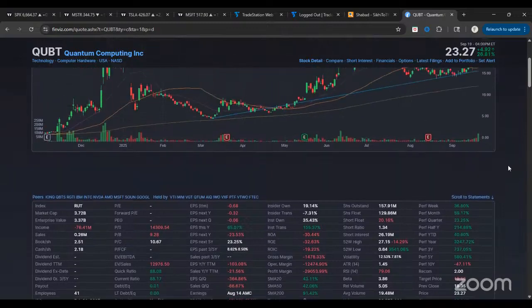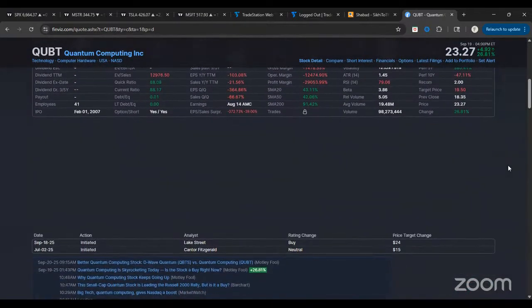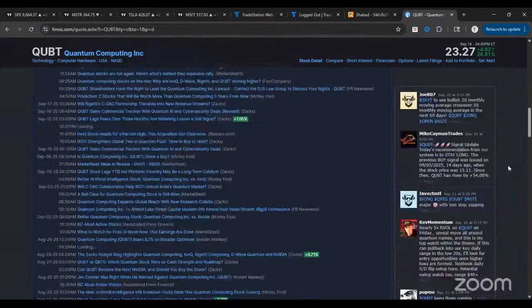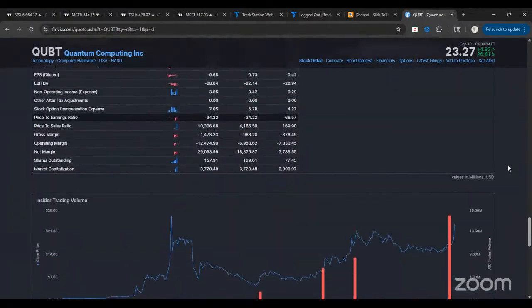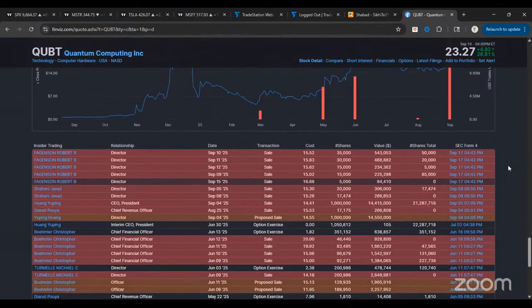This is the reason we need to do a little bit more digging, investigate exactly what they're doing. You can read their news. Why they're selling?